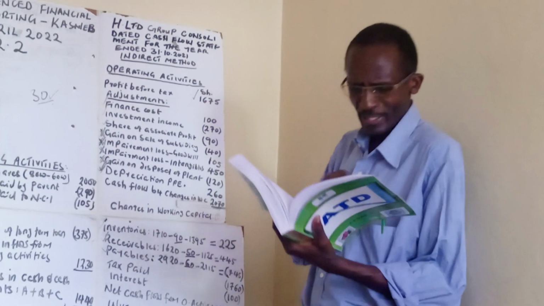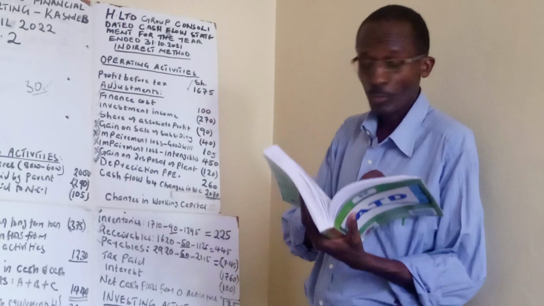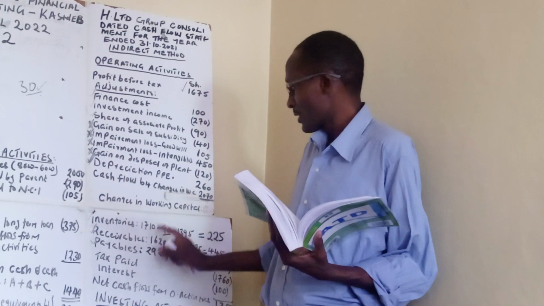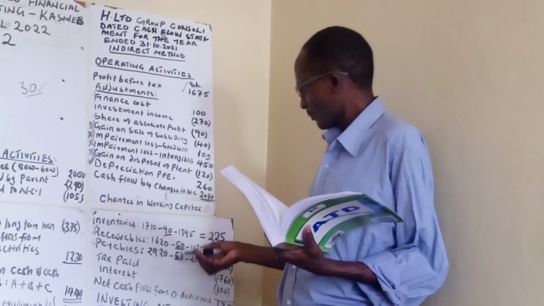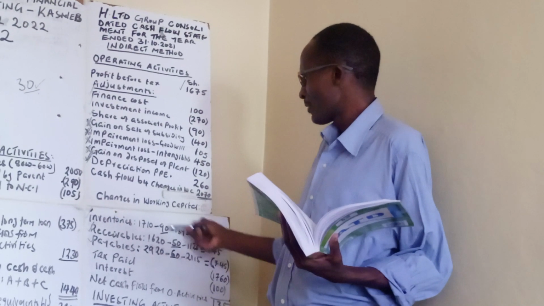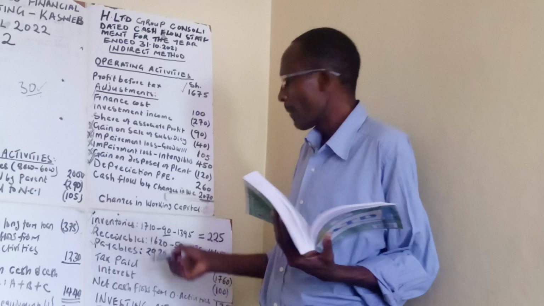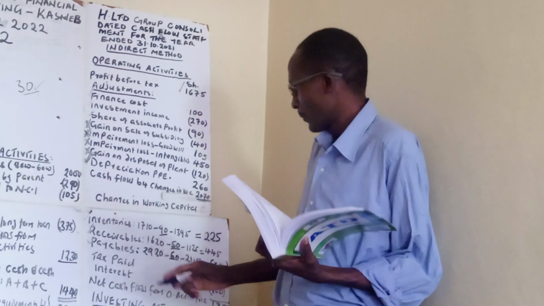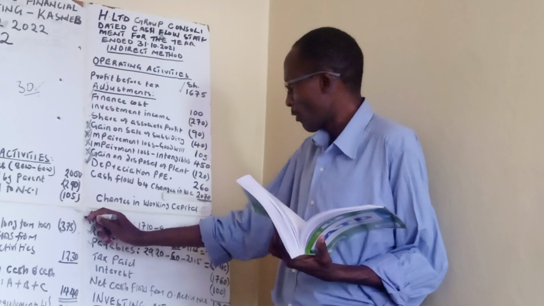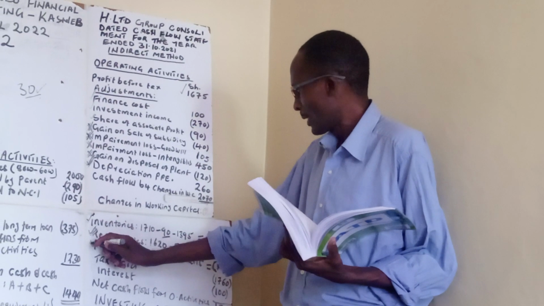For example, if we look at inventory in the statement of financial position, the opening balances have been provided as well as the closing balances. But remember to adjust these figures, the amounts which are in the books of the subsidiary which was disposed. I believe this one was straightforward. We discussed this one last time.